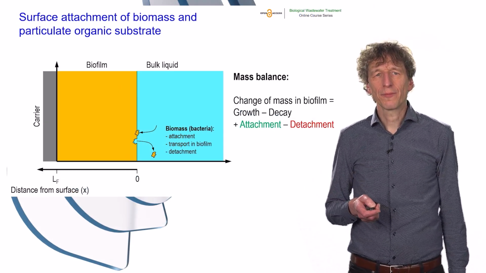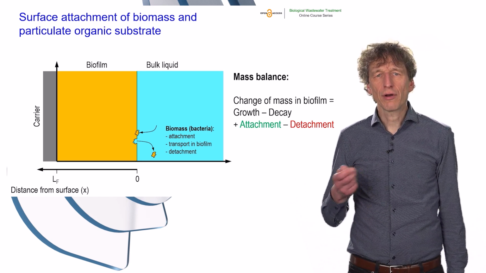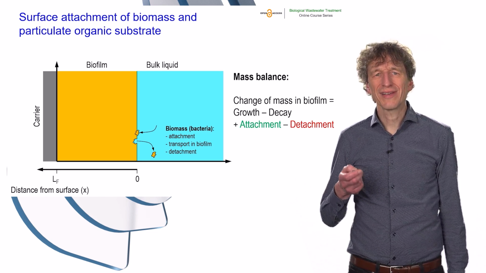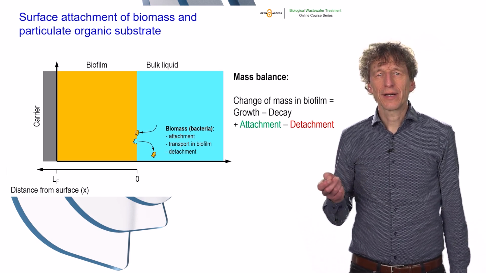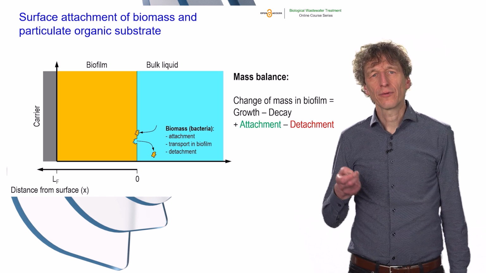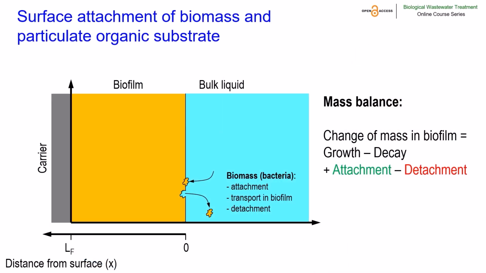Mass balances for biomass can get even more complicated. In addition to growth, we need to also consider attachment processes. If there is active biomass in the bulk phase, for example, in an IFAS reactor configuration, then we need to consider attachment of bacteria from the bulk to the surface of the biofilm.